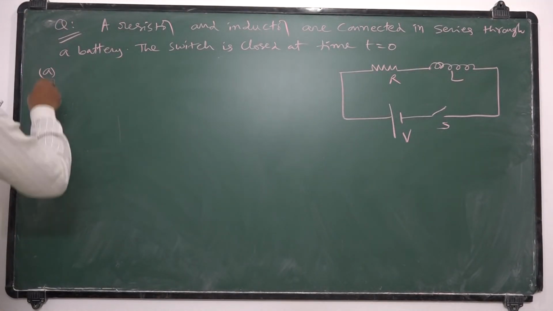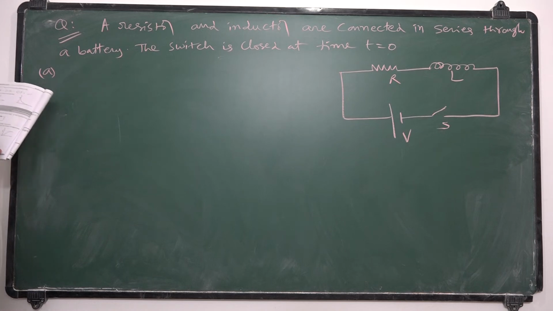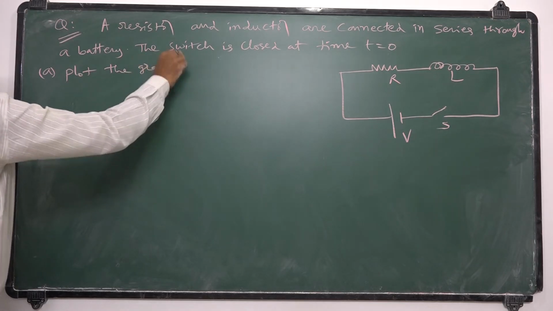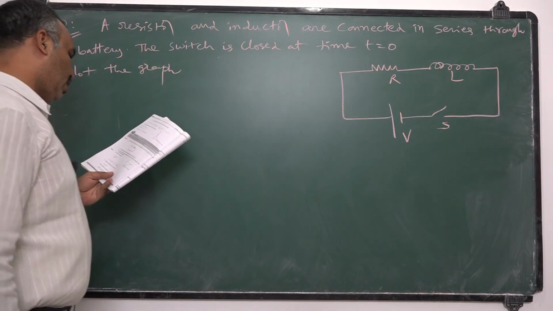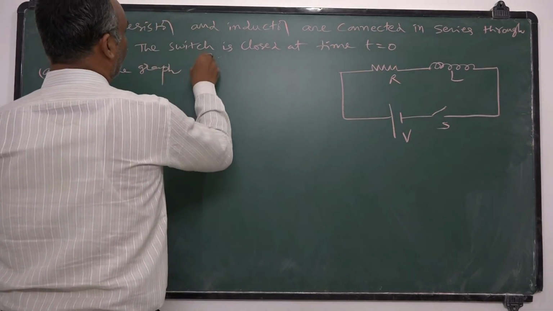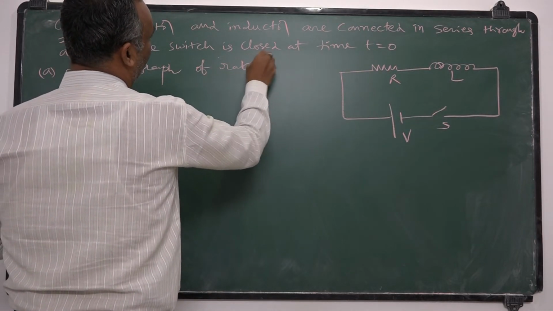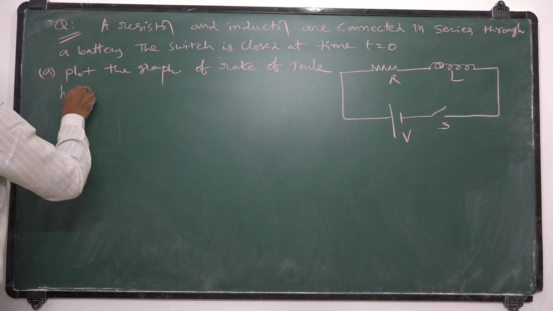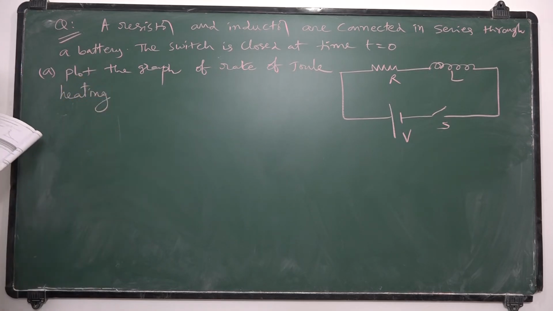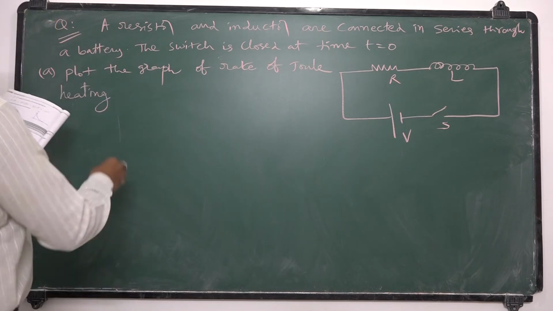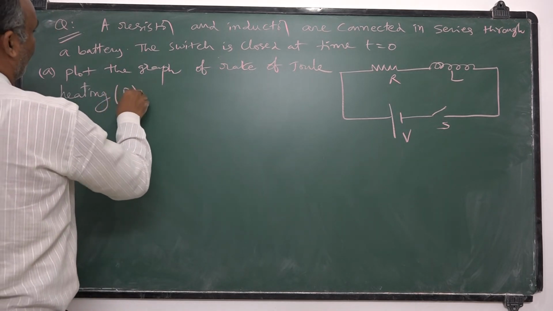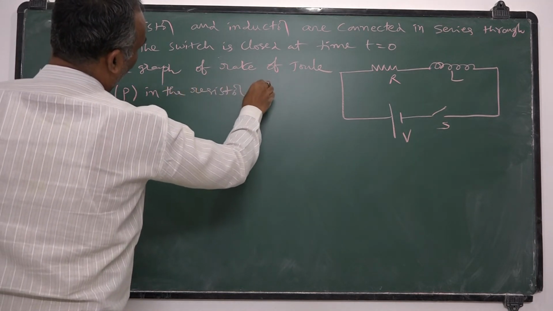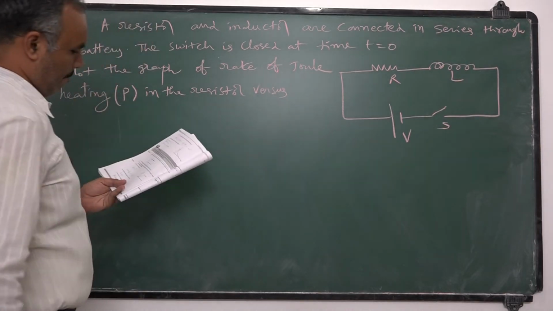In this first question, what I need to do is plot the graph of rate of Joule heating P in the resistor versus time t.